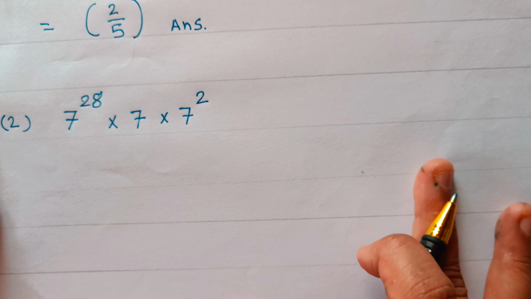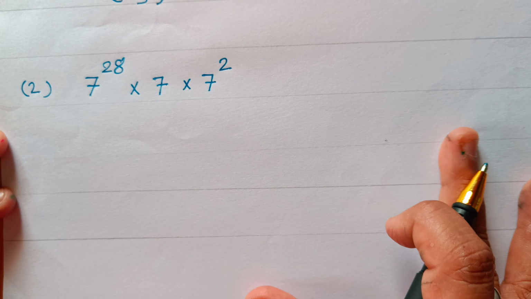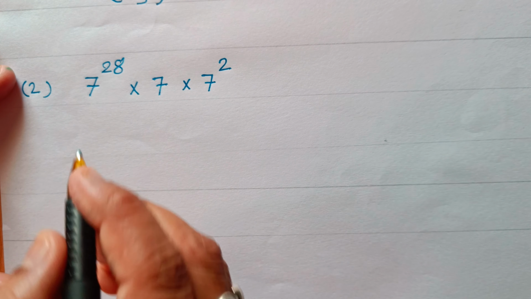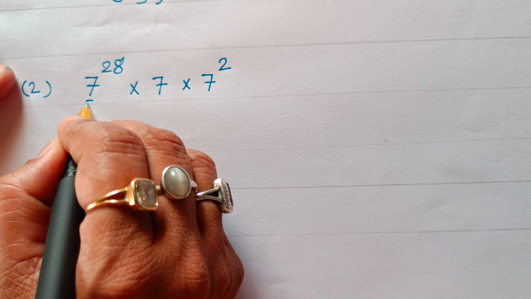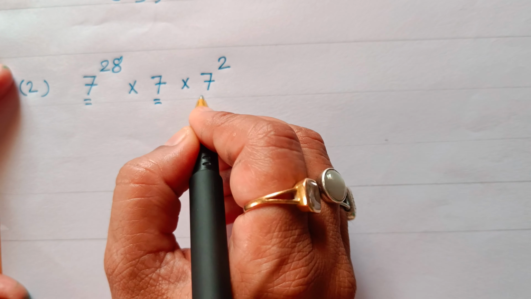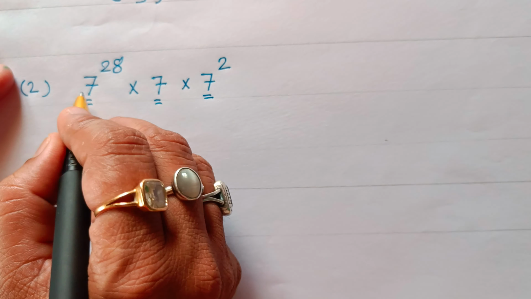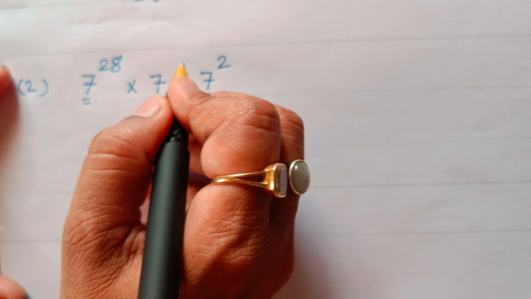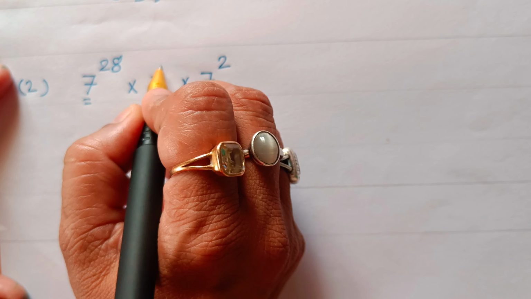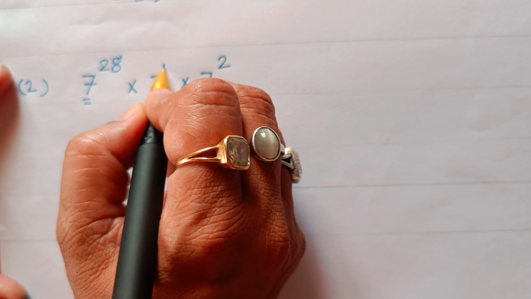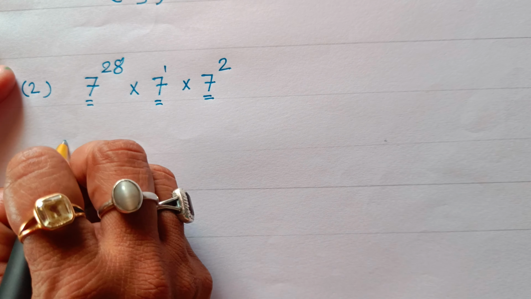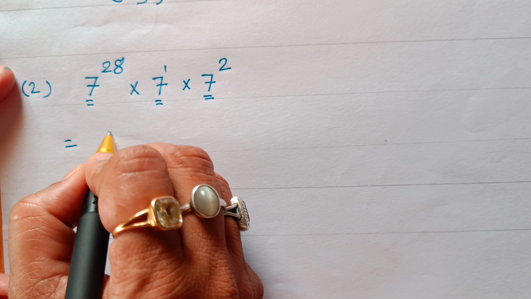Now children, in the second expression, the bases are 7 and 7. The bases are the same and the powers are different. Here 7 means 7 raised to 1. Therefore, now the base is the same, so in multiplication we add the powers.